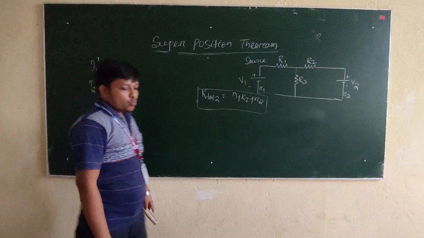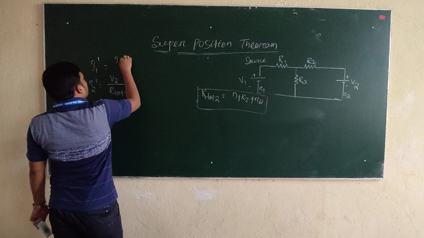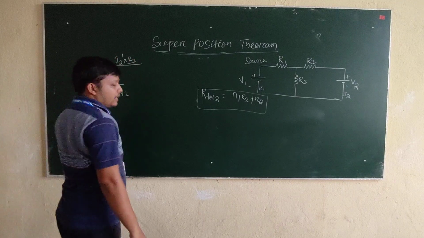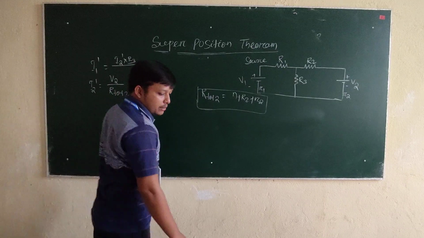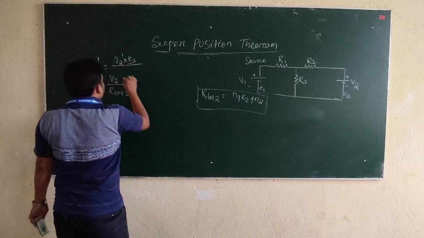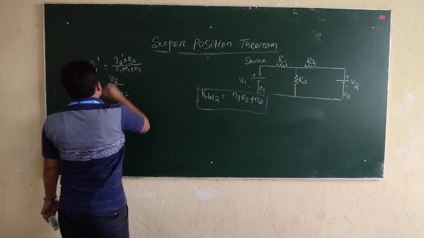Now I1 dash is equal to I2 dash into R3 divided by R1 plus R3.